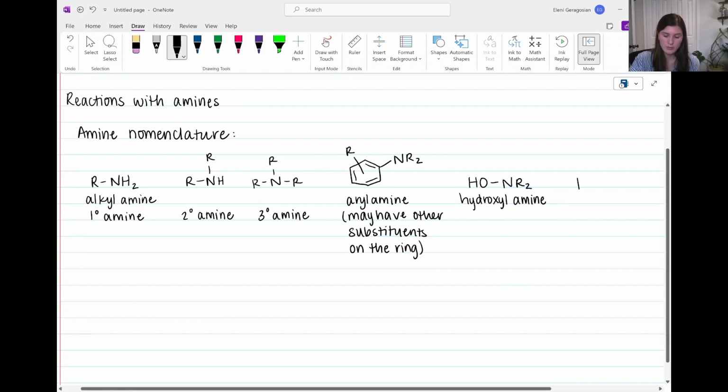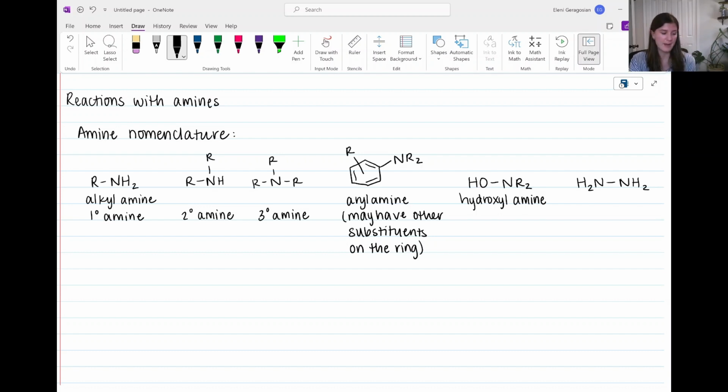And then if you have two nitrogen groups, like two NH2 groups bonded together, so the two nitrogens are bonded to each other, this is called a hydrazine. And another example of a hydrazine, let's say we have two nitrogens bonded together.